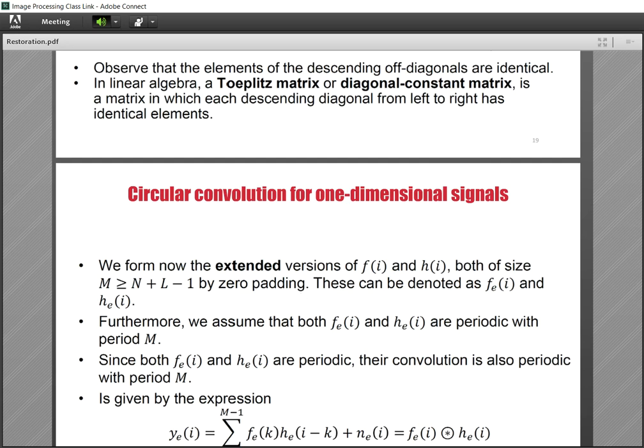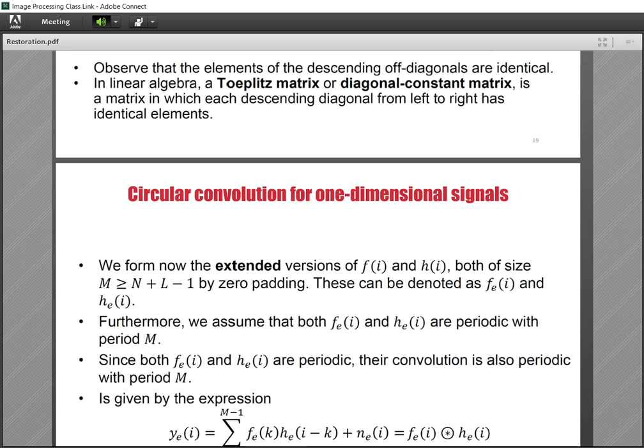For example, f has 10 items, and h, for example, has 5 items. You can add to each of them, for example, add to h 5 zeros after h so that both are 10. Okay, f is 10, h is 10.